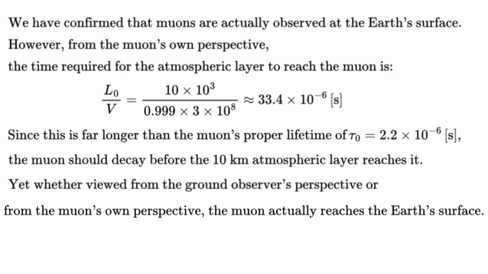Since this is far longer than the muon's proper lifetime of tau naught equals 2.2 times 10 to the minus 6 seconds, the muon should decay before the 10 kilometers atmospheric layer reaches it. Yet whether viewed from the ground observer's perspective or from the muon's own perspective, the muon actually reaches the Earth's surface.